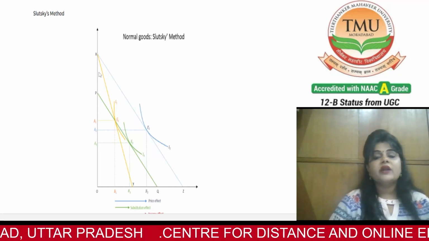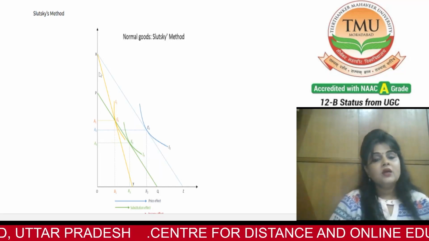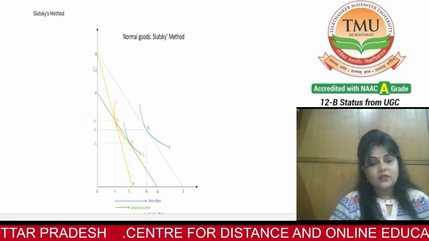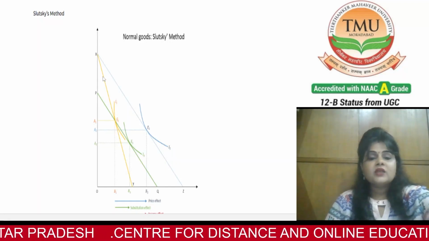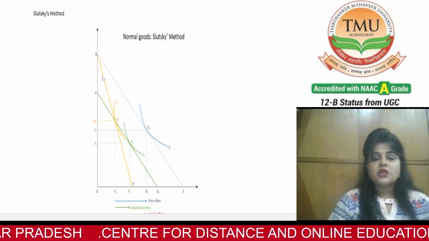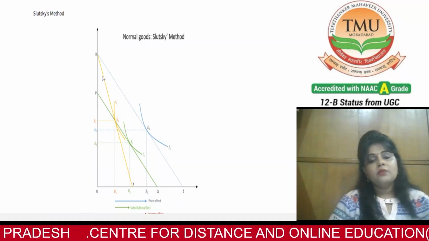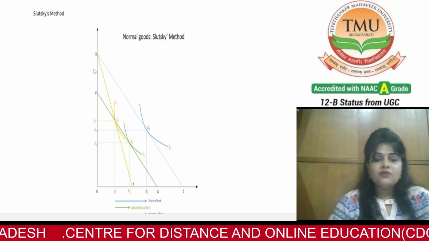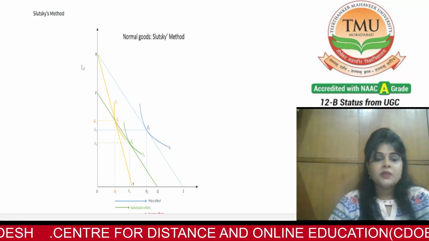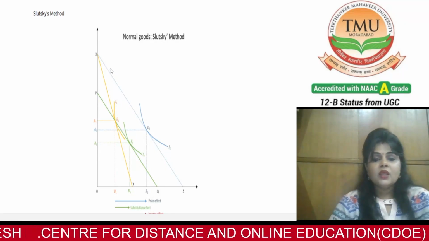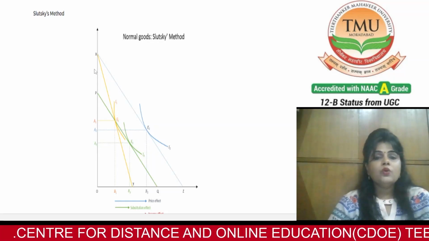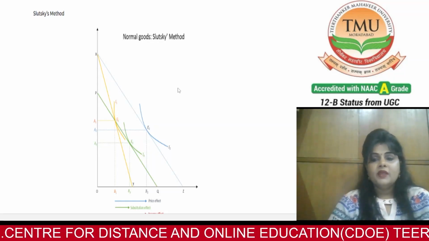Similarly, the income effect is represented by the difference between B2 and B3. So, price effect is equal to substitution effect plus income effect, meaning B2 minus B1 is equal to B3 minus B1 plus B2 minus B3.